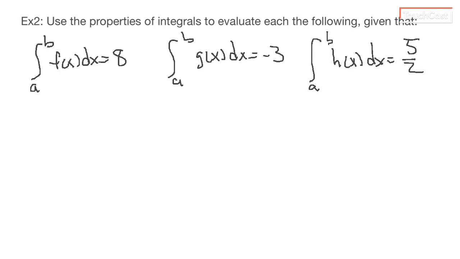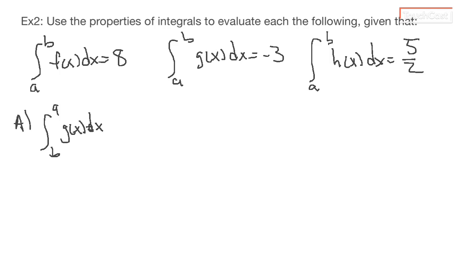So, example 2a, we're looking at just the integral from b to a of g of x with respect to x.